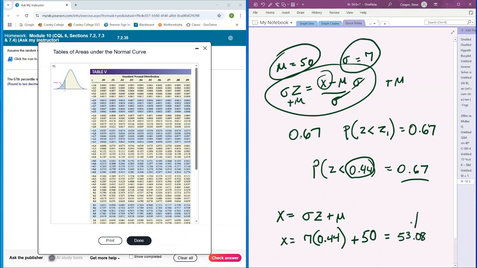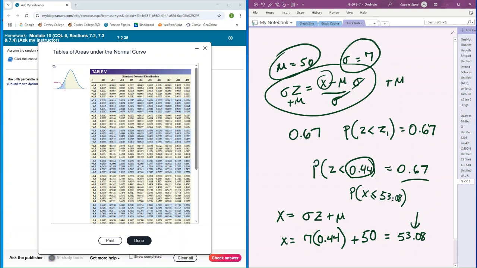Okay, so this represents the 67th percentile. So this is the probability that x is less than or equal to, or less than.